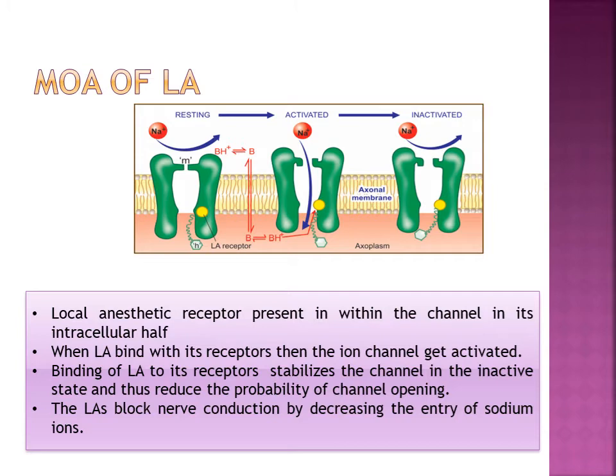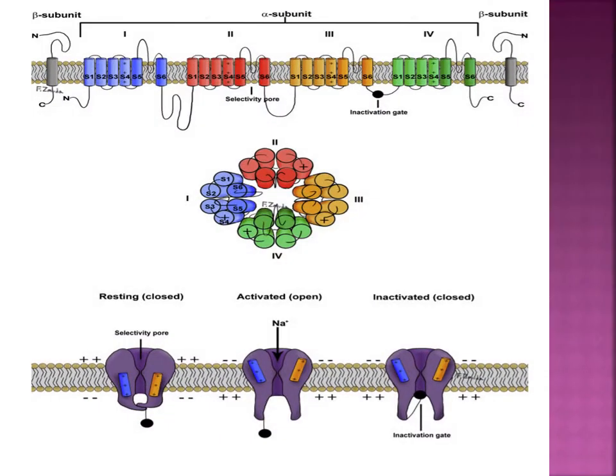The channel will be in the inactive stage and thus reduce the probability of channel opening. Then the local anesthetic blocks nerve conduction by decreasing the entry of sodium ions. You can understand it is the sodium ion channel, with a selective pore, and this is the entry of sodium ions.